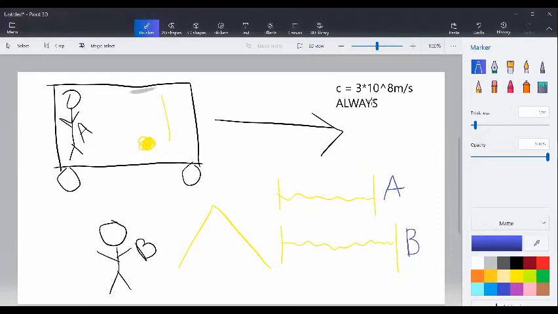Now, if light always travels at the same speed, looking at A and B, where there is more distance with B, the trajectory of B had to have taken more time. Therefore, observer B experienced more time than observer A, which is what the equations for time dilation tell us.